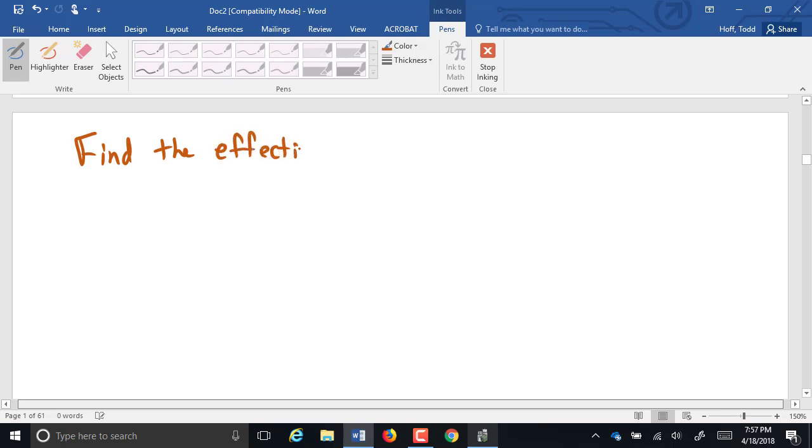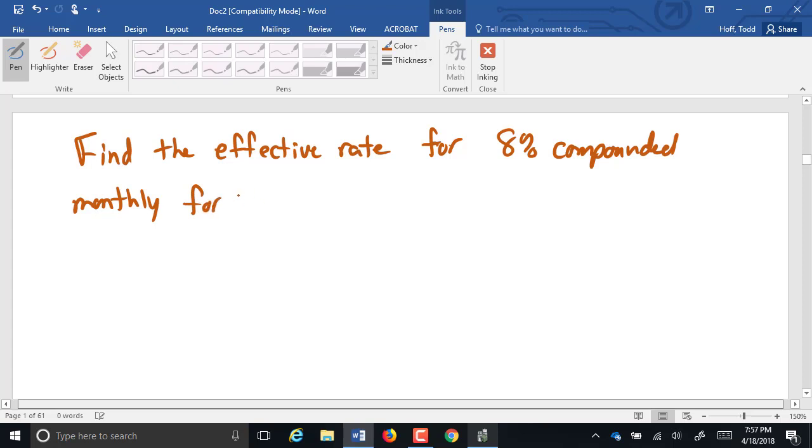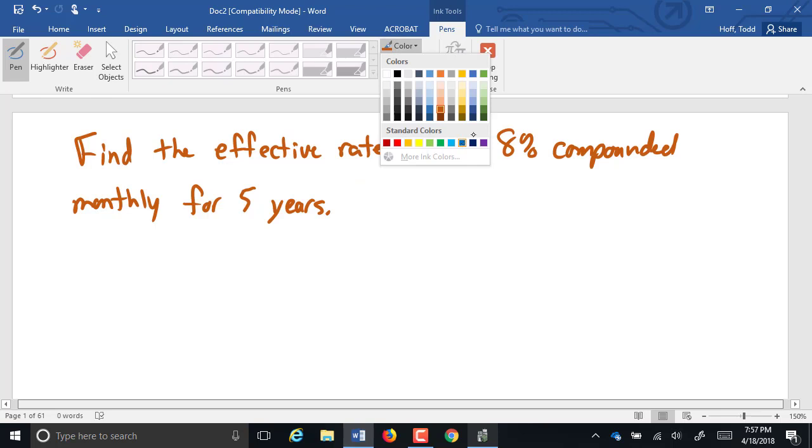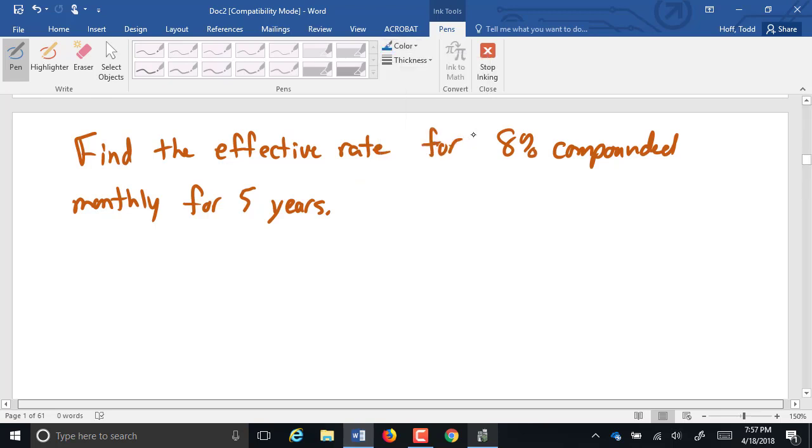Find the effective rate for 8% compounded monthly for 5 years. Well, first of all, what time are we going to use here? We're going to use 1 year, because our time is more than a year.